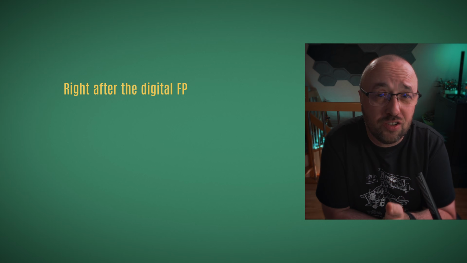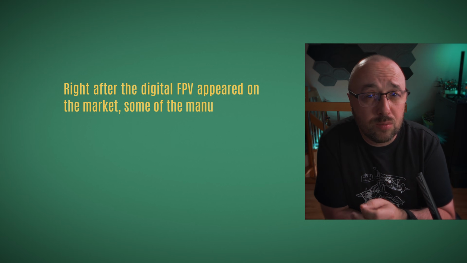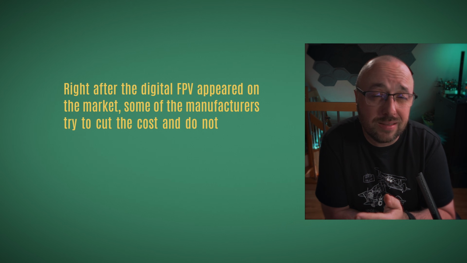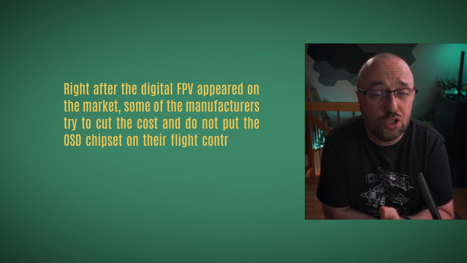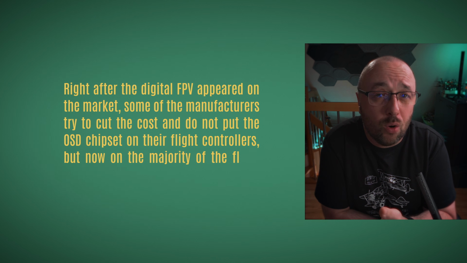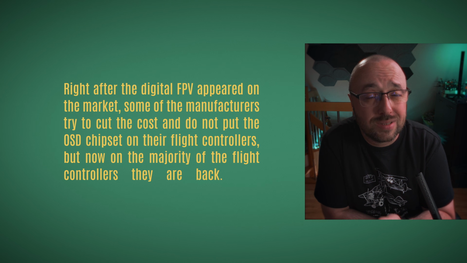Of course, it's not strictly required, especially when you are not using analog FPV at all, but considering the price and the fact that you might just want to use a flight controller with analog FPV, even though you are flying mostly digital, it's a good idea to have it on board. Right after digital FPV appeared on the market, some manufacturers tried to cut the cost and did not put the OSD chipset on their flight controllers, but now on the majority of flight controllers it's back.